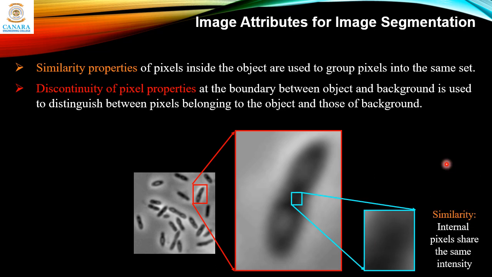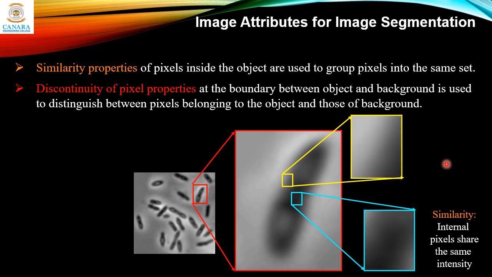So similarity means internal pixels share the same intensity, and this yellow square is basically discontinuity, the intensity change at the border. You can see at this point, okay, in the zoomed in version here, it's brighter, and here it is dark. So these are the attributes which we can consider for segmentation.